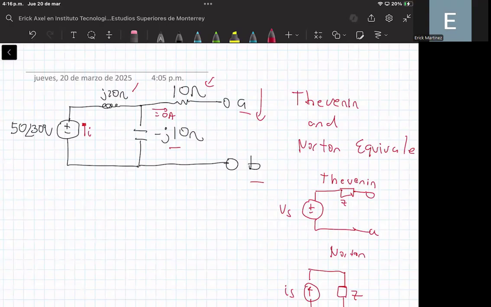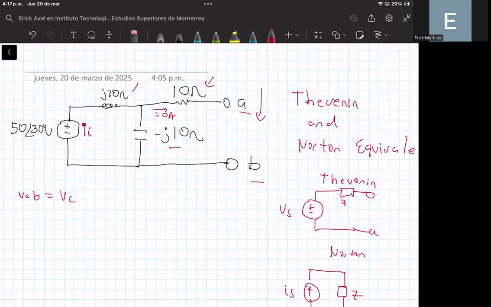And so we can say, based on this circuit, that since there will be no voltage drop across this 10 ohm resistor because there is no current flow, the voltage that will be seen between terminals A and B should be equal to the voltage of the capacitor, okay?